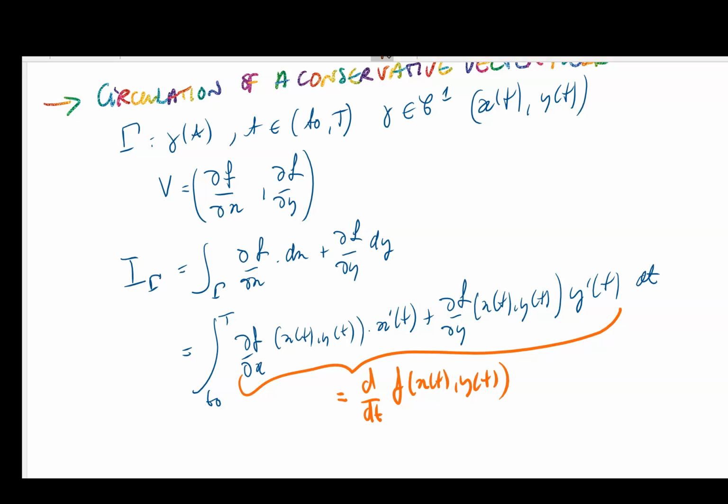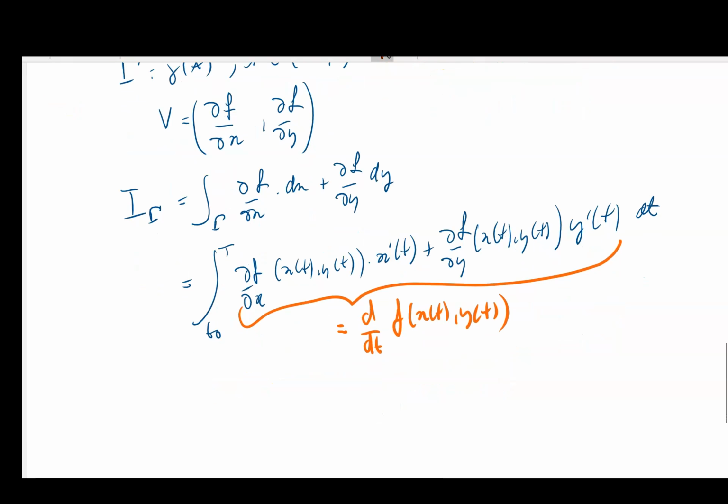This is an example we did many times. So in the end, what do I get? I get that this integral is going to be the integral between t0 and capital T of d over dt of f of (x of t, y of t) times dt.